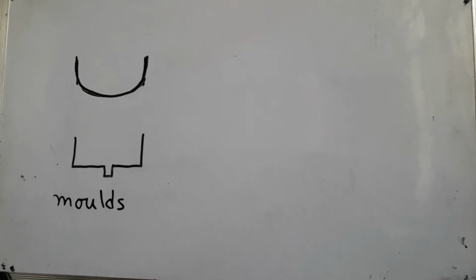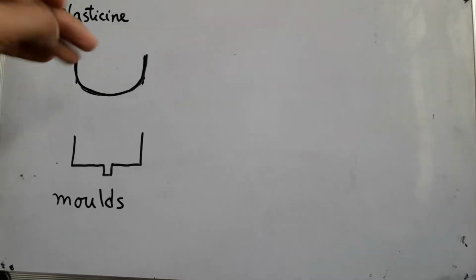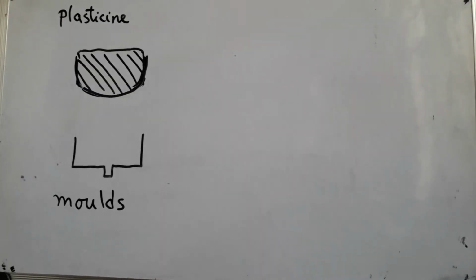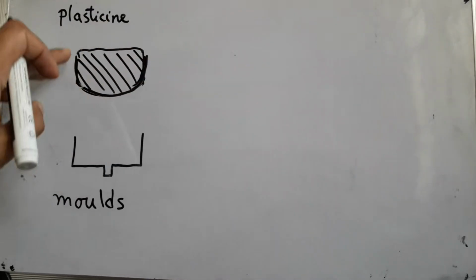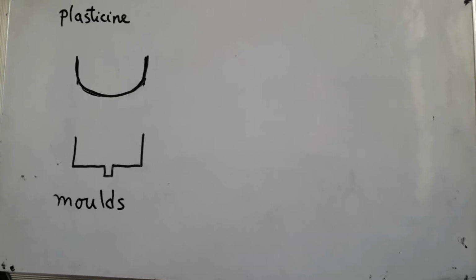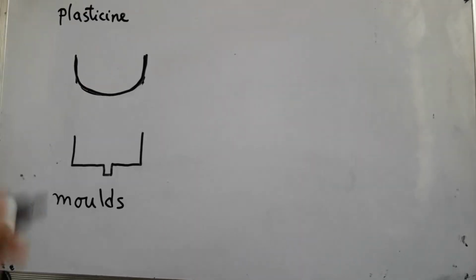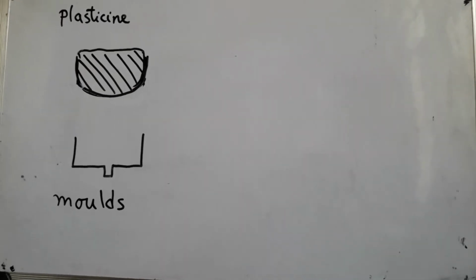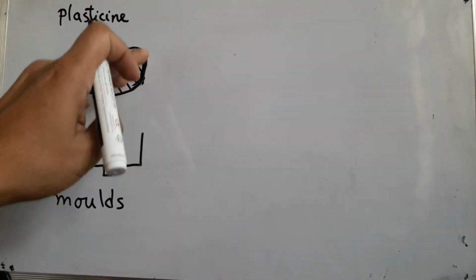The situation is somewhat like fitting things inside a mold. Suppose we have these two molds and we are trying to fit plasticine into them. So in this case, when you fill it up with plasticine, you can fill it up well because of its smooth nature.